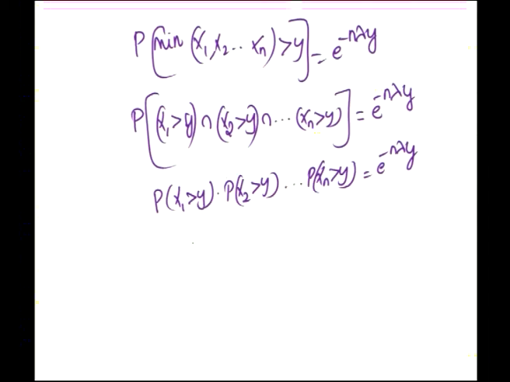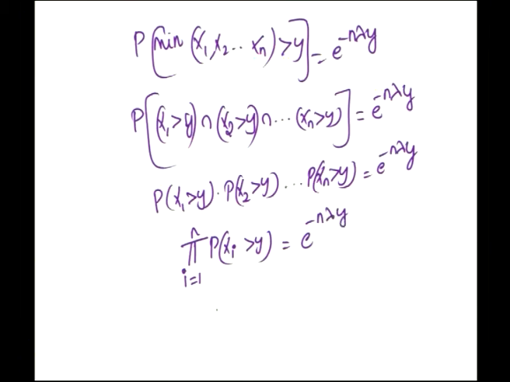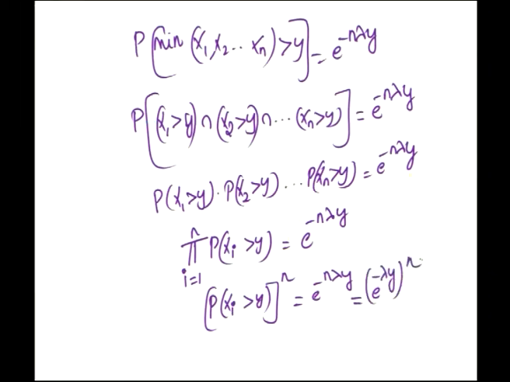It is like the product over i equal to 1 to n of P(Xi > y) is equal to e^(-nλy). So this implies P(Xi > y), because of identical distribution all are same, whole power n is equal to e^(-nλy). e^(-nλy) is written as (e^(-λy)) whole power n.